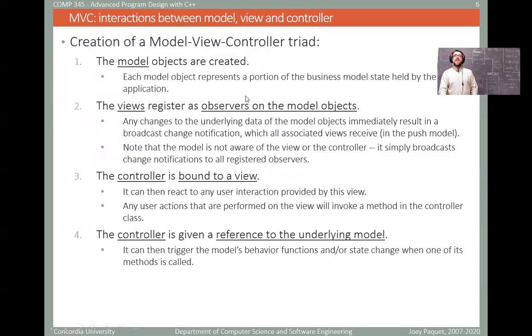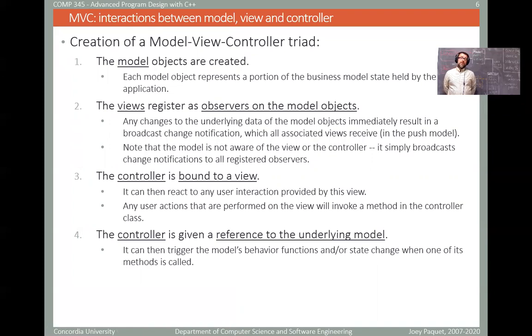So how do you create these three components or tiers? First, you have to create the model objects. For example, in the game, you would create your players, your cards, your map, and so on. You have to create them first.